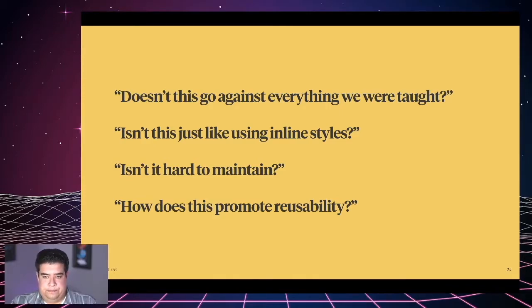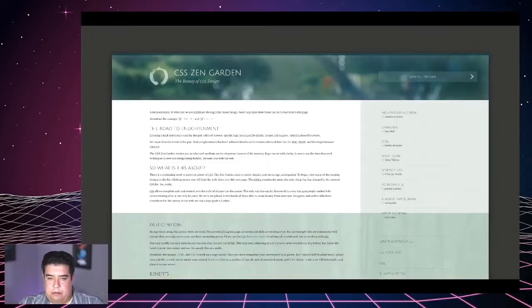Now, let's throw it back to something I'm sure we're all familiar with, CSS Zen Garden. This is the epitome of what people say shows the power of separation of concerns. You have one HTML file with semantic class names, and that file never changes.